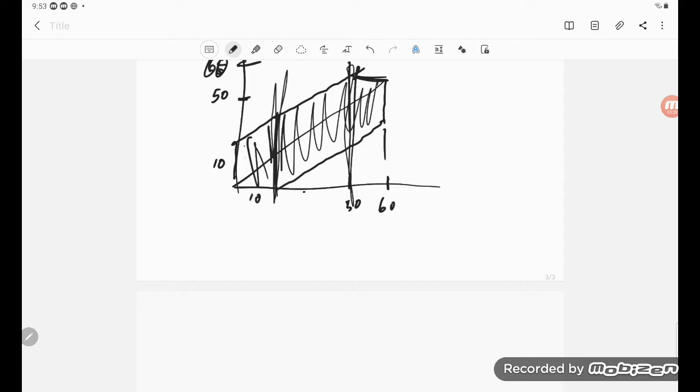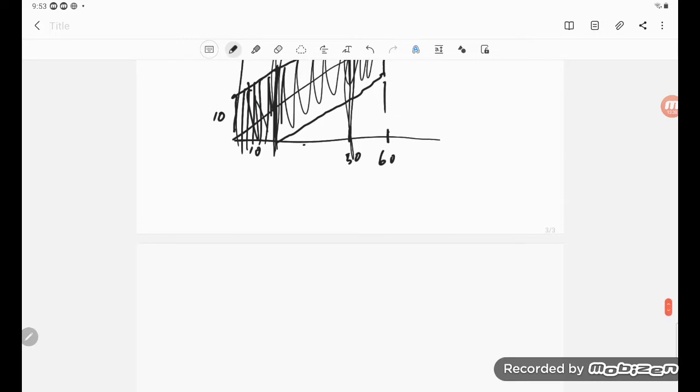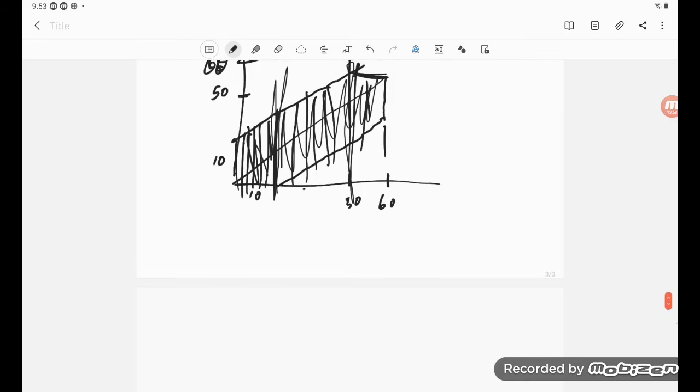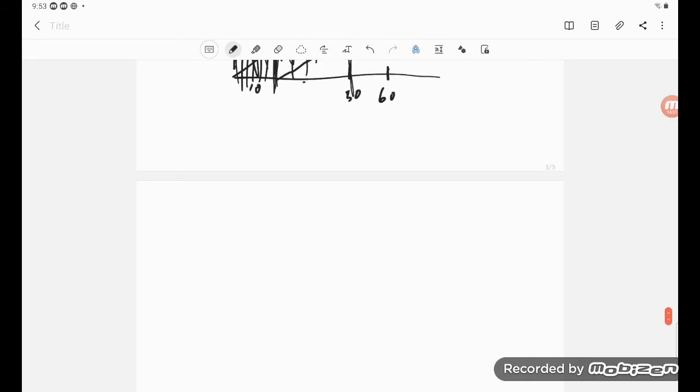What we want to do is just slice it up along the x's. You've done that in Calculus 1, definitely, and in Calculus 2 you should have done some slicing of integral areas.